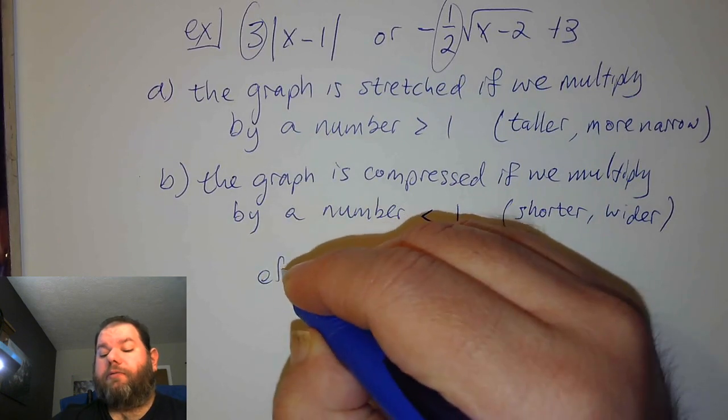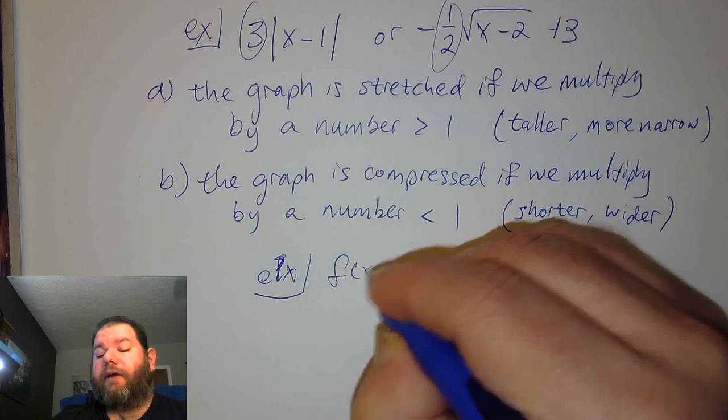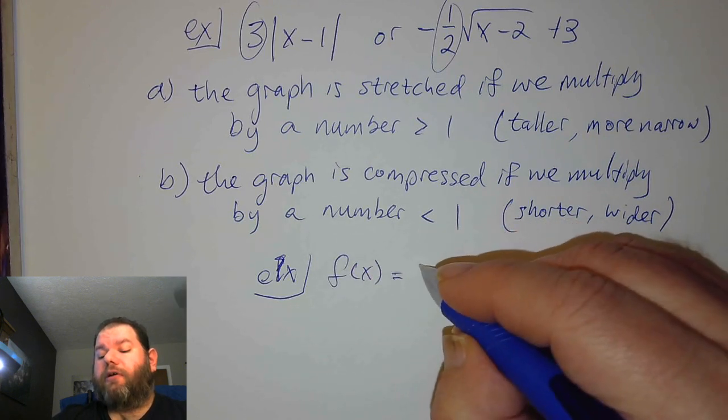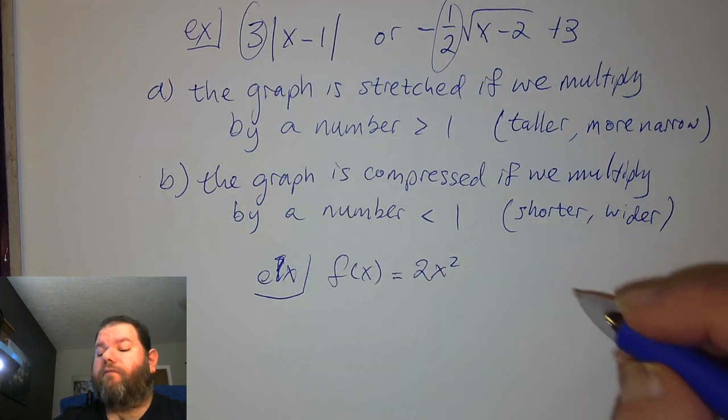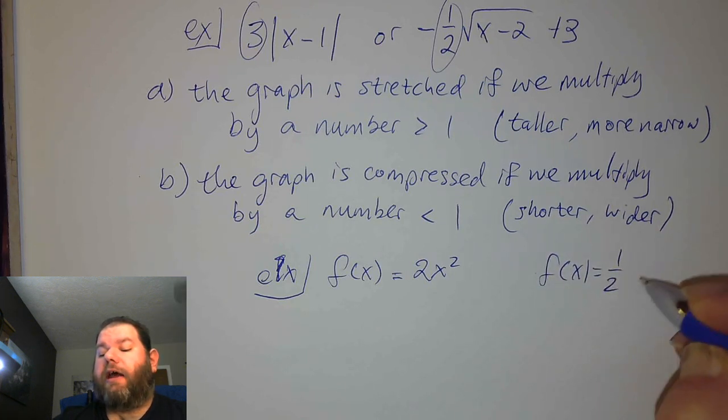So for example, if we have f of x is equal to 2x squared versus if we have f of x equals 1/2 x squared.